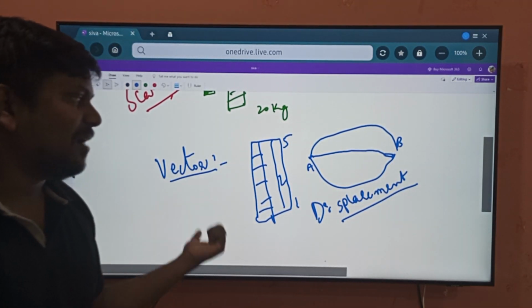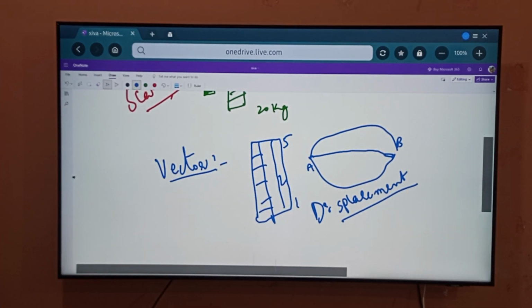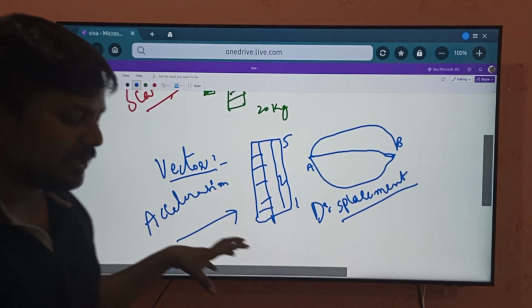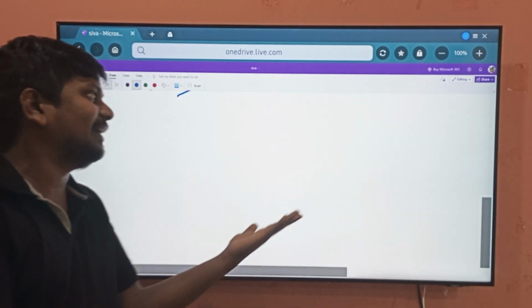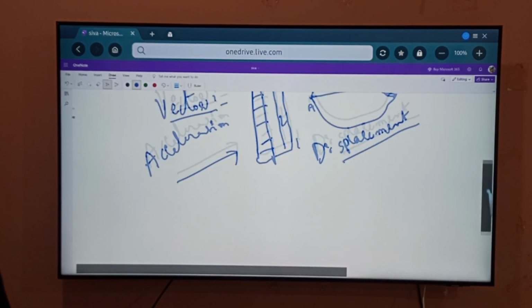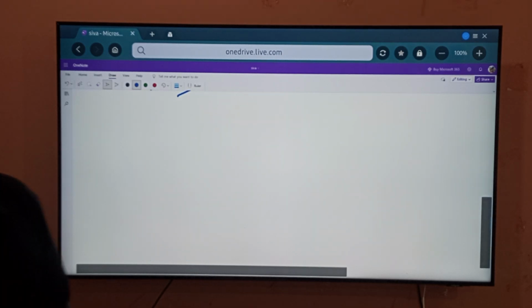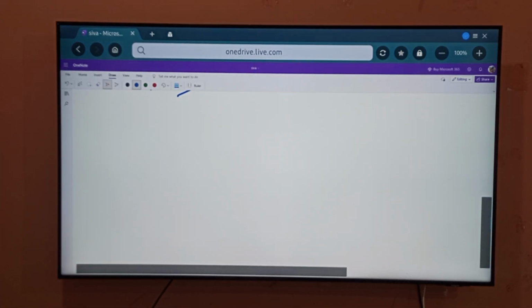These are examples of vector physical quantity, and acceleration is also a vector physical quantity, as it has a particular direction. The physical quantity which has both magnitude and direction is considered a vector physical quantity.